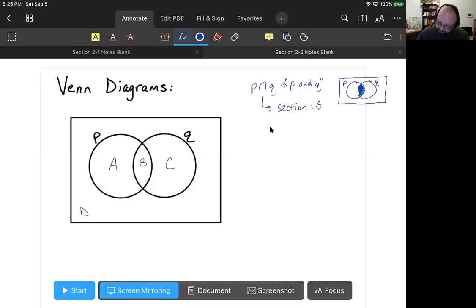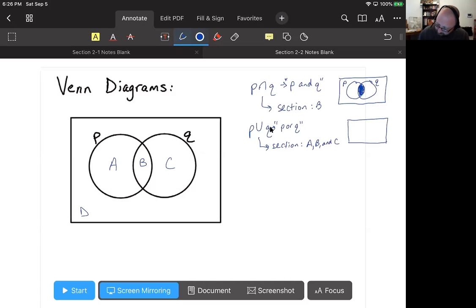Okay? We could just as easily represent P or Q, but that would involve more sections because, remember, it could be either or both or just bits and pieces. So that would be sections A, B, and C combined.